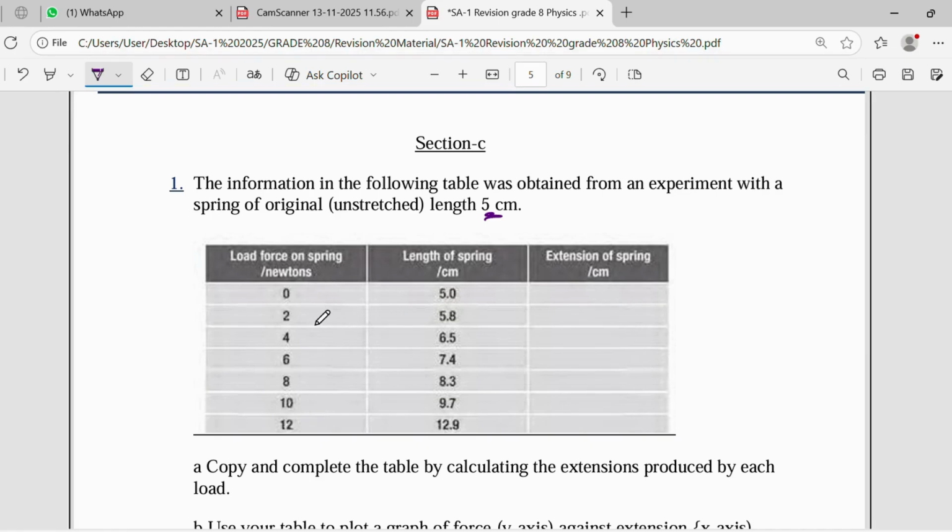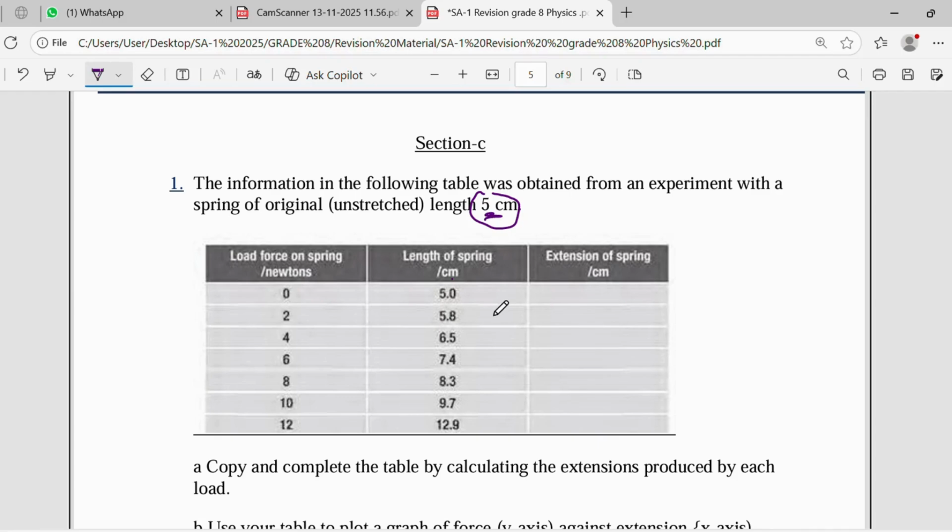So when you add the load, what will happen to the spring? It will extend, obviously. If you add each load, the spring will extend. So how can we find the extension of the spring? It's pretty simple. You just subtract the unstretched length from each length.